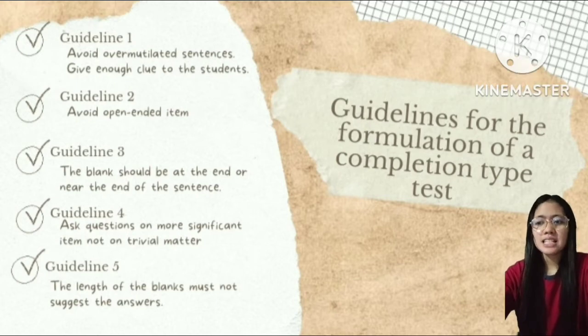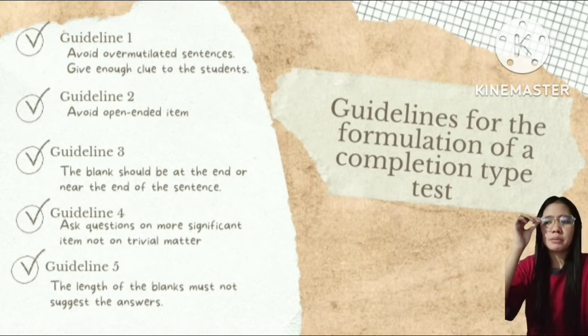Pang-apat, ask questions on other more significant items, not on trivial matters. Example, Jose Rizal was born on June blank, 1861. There are other more significant items to ask other than specific birth dates.